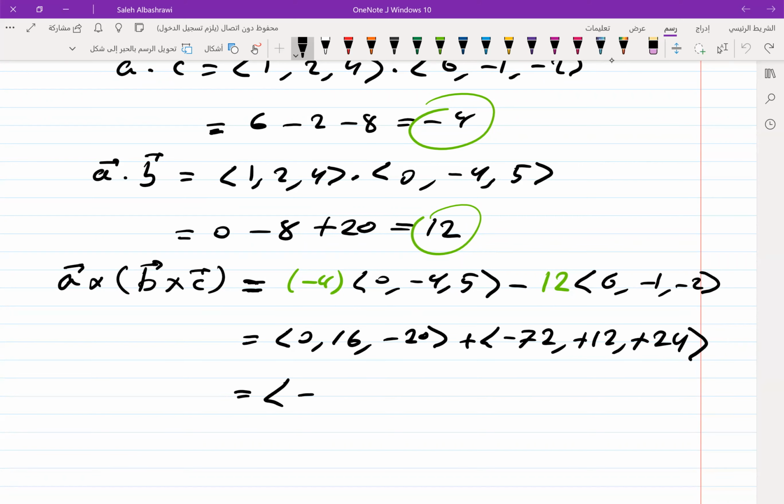The final answer will be minus 72. 16 plus 12 is 28. Minus 20 plus 24 is equal to 4. So this is the vector of A cross B cross C. We just apply the vector triple product formula.